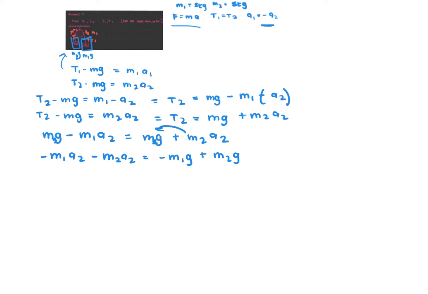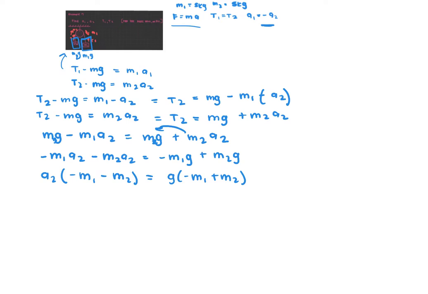Now we can factor out. What would we be able to factor out? A2 times negative m1 minus m2 equals g times negative m1 plus m2. So that's what our equation is so far.